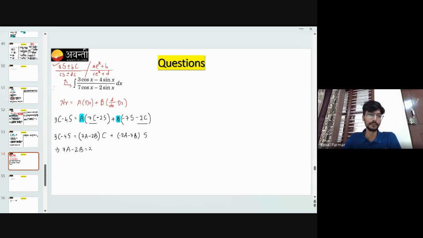is equal to 3. And अगर मैं sin का compare करूँ तो minus 2a minus 7b is equal to minus 4. That is, I can write 2a plus 7b is equal to 4.